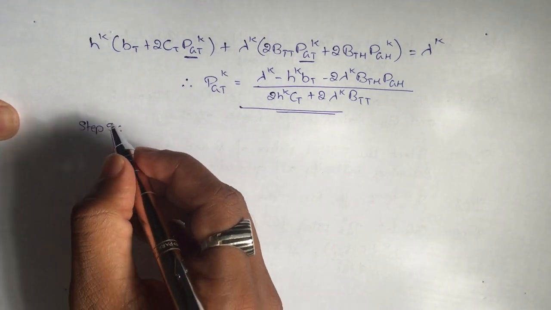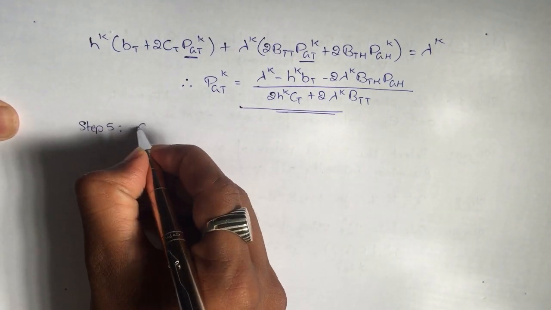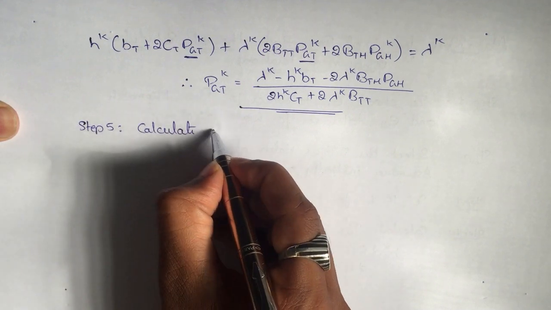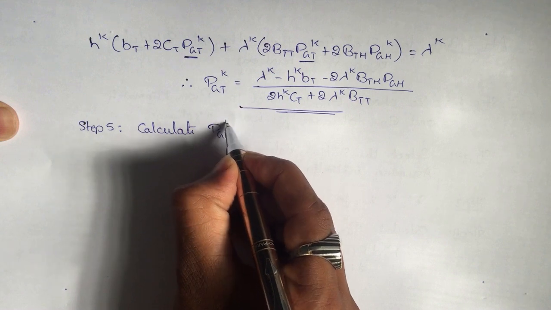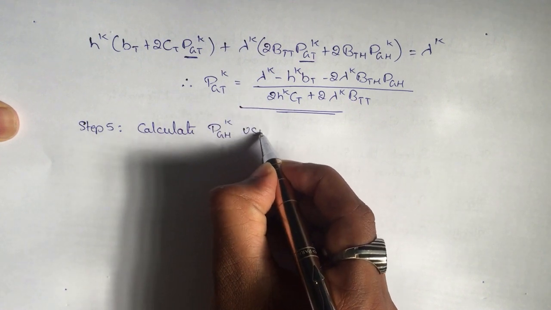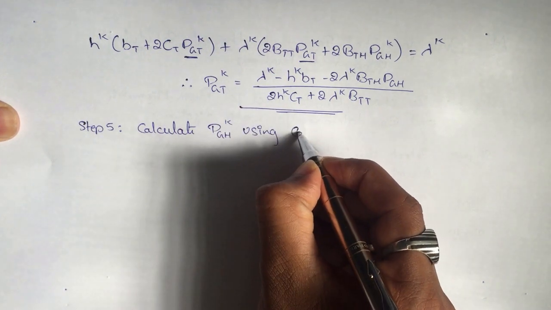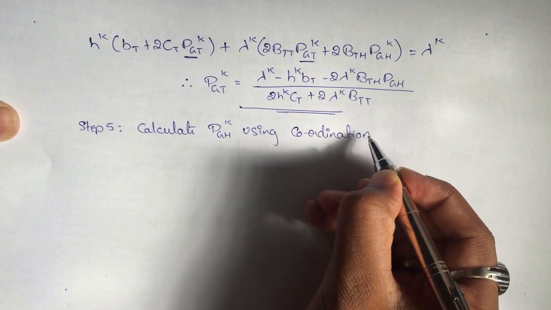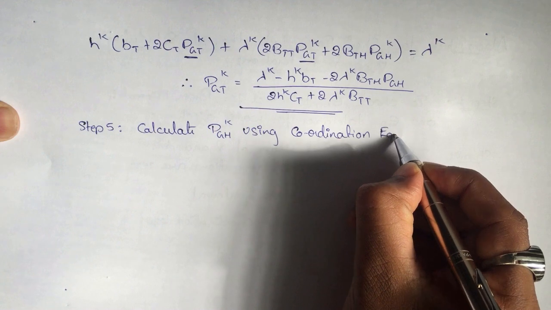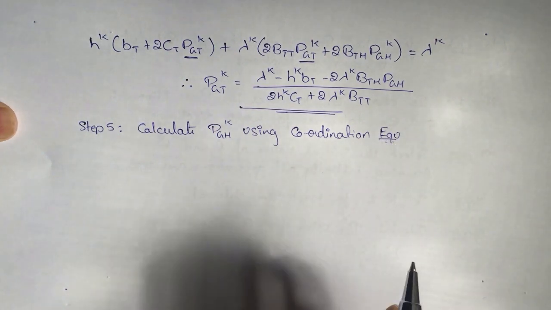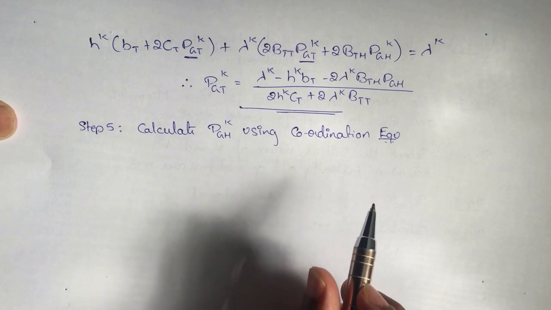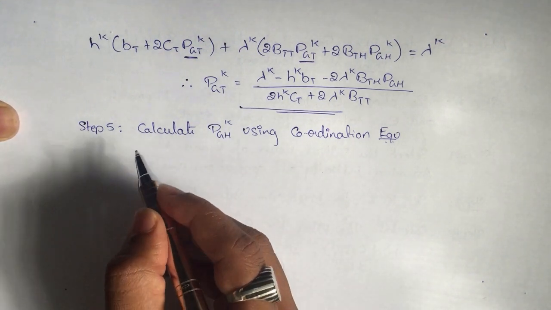In step 5 we are going to calculate PGHK using the coordination equation. From the previous video, equation number 7 will be our coordination equation for PGHK.